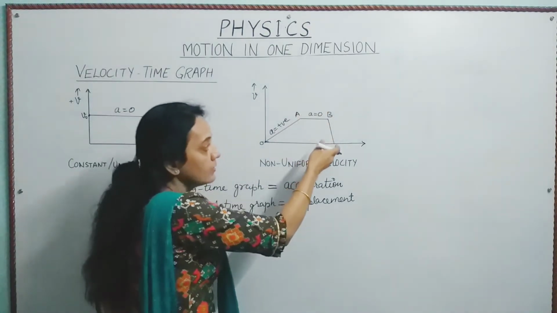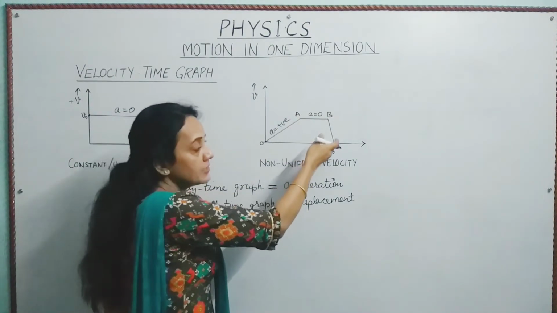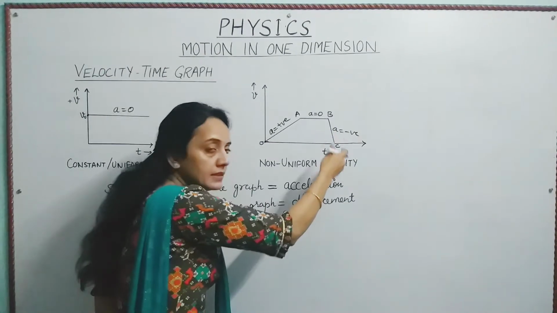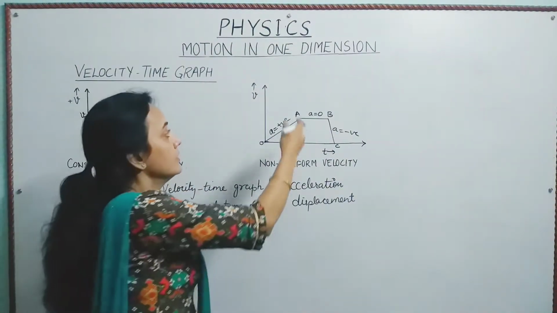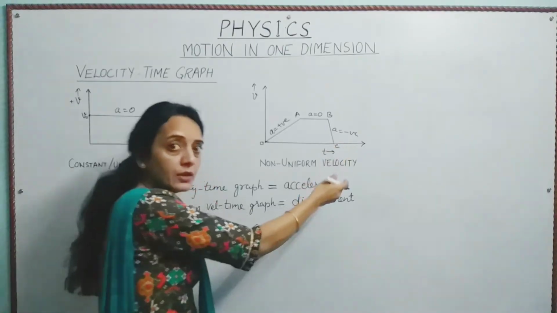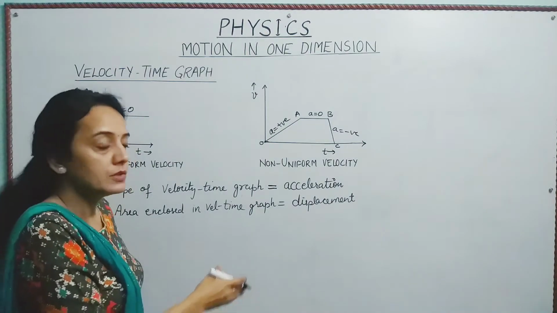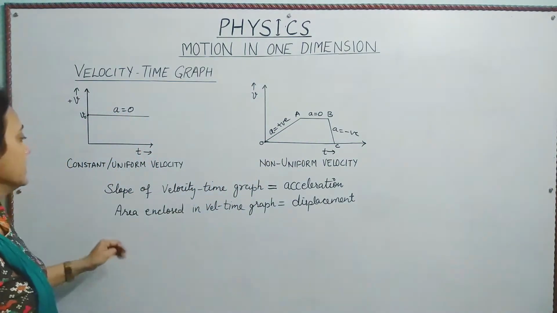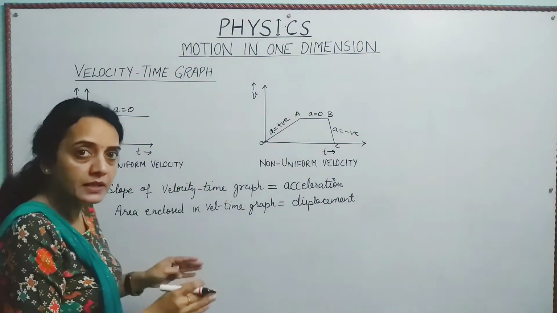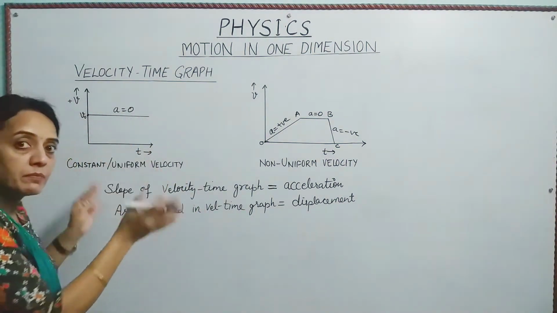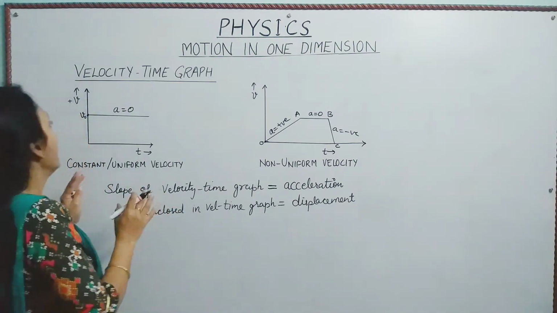And when you calculate the acceleration for this part, it will come out negative. So here it is deceleration. After attaining some velocity, it is going to 0, meaning it is stopping. So deceleration is there, or retardation is there. Another thing which we can find out from the velocity time graph is the displacement of the body.